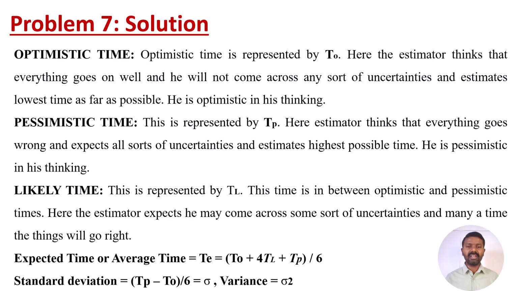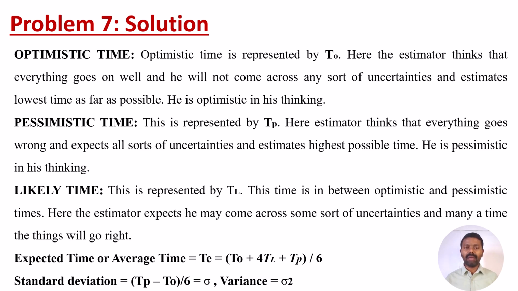He is optimistic in his thinking. So when he is starting the project, he ideally thinks that there won't be any delay, and that it will start at this time and end at this time, so there won't be any delay. That is how the optimistic time will be calculated by the estimator.